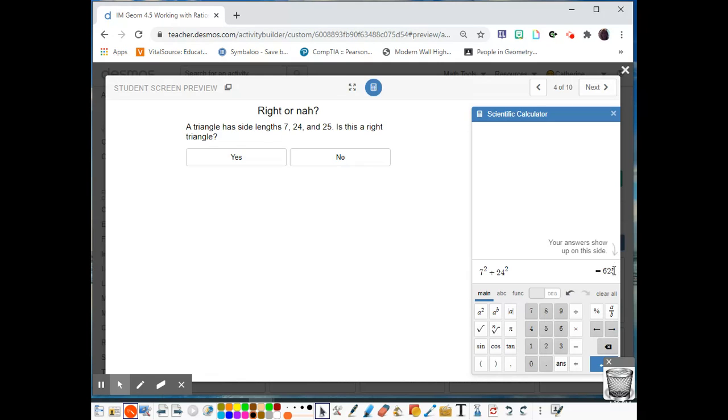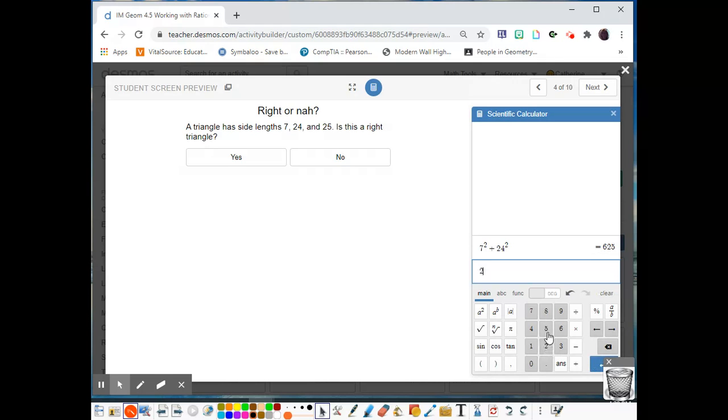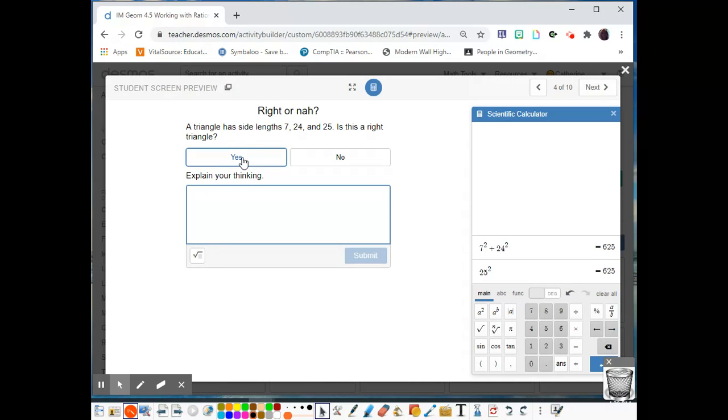And if you don't know that 625 is 25 squared, then please hit enter, and you can still see the problem, 7 squared plus 24 squared. Now let's type in 25 squared, and you'll see on the right that yes, indeed, that is equal. So yes, that is a right triangle, the measurements for a right triangle. And then you can explain your thinking using the numbers that we have on the right-hand side.